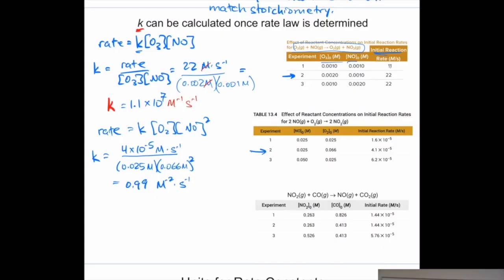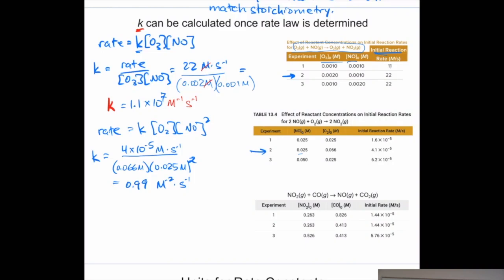Did I calculate it wrong then? Let's keep things parallel here. What's squared? NO is squared, but NO is the 0.25, so that's here. Let me swap these around. This is what it should look like.